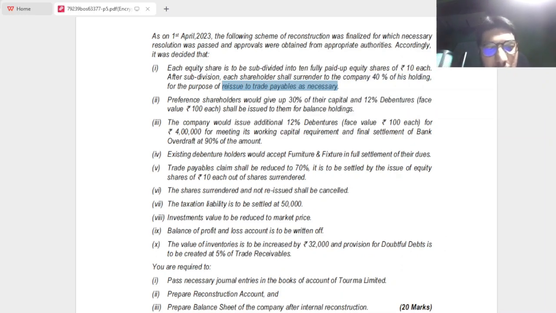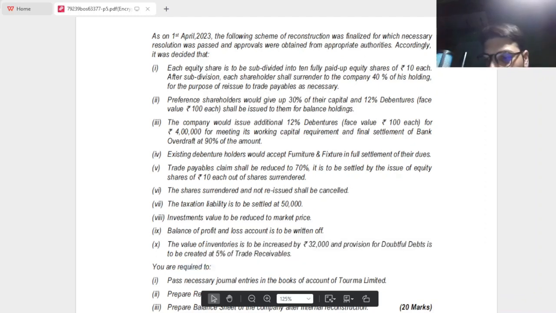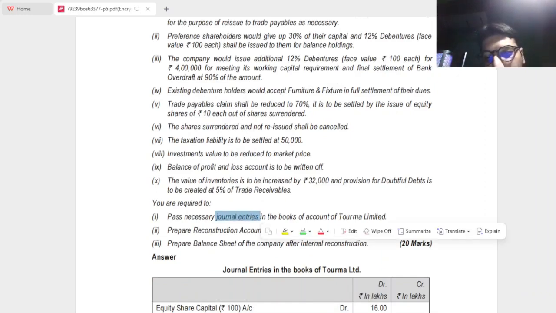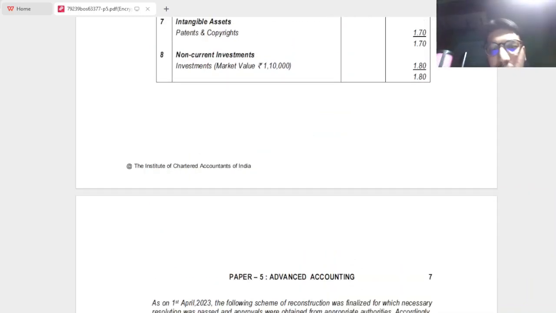So there are 10 entries for internal reconstruction. You are required to pass necessary journal entries in the books of account of Trauma Limited, prepare the reconstruction account, and prepare the balance sheet of the company after internal reconstruction.